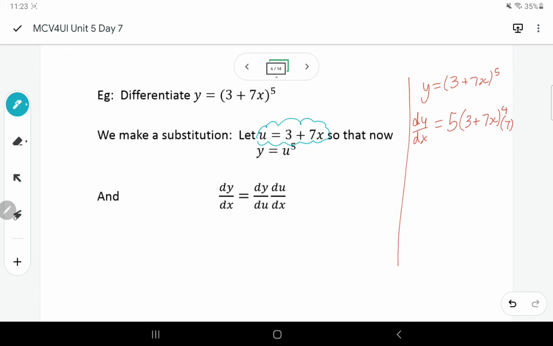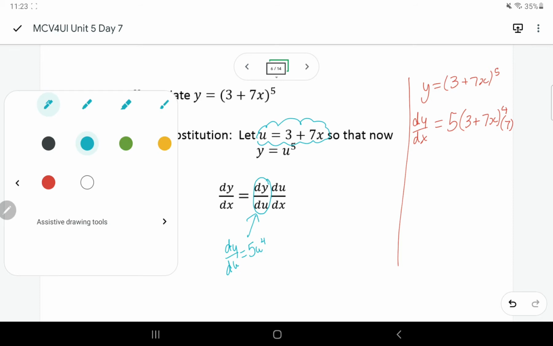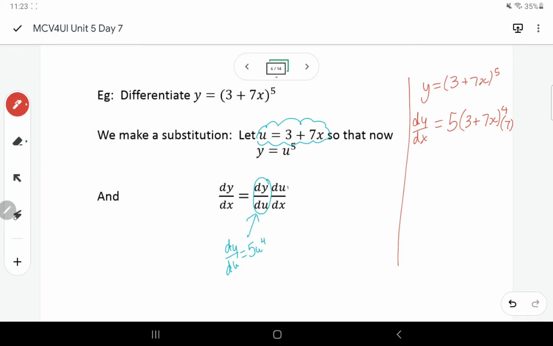And then the derivative of y with respect to x is the derivative of y with respect to u, dy du, which is 5u to the exponent 4, times the derivative of u with respect to x, du dx, which, if u was just 3 plus 7x, would be 7.